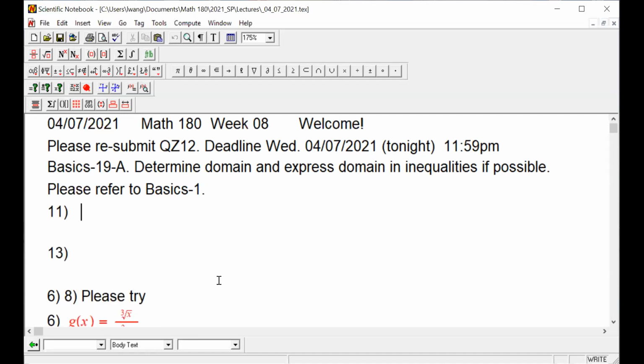Number 13 actually was a question. I will tell you the source of this question. I have a friend who teaches at a 4-year school, and that's his exam question to his students.